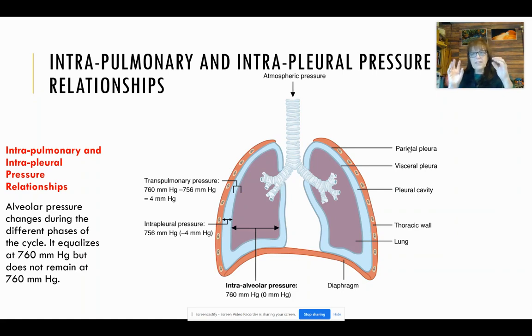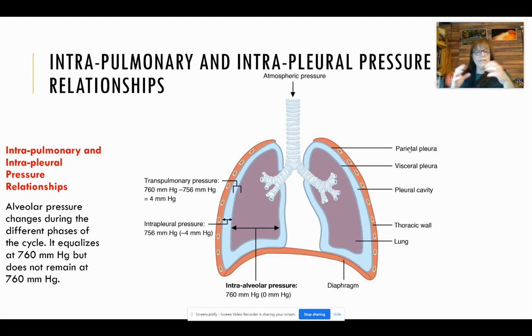So stop and think a second. A negative intrapleural pressure with positive atmospheric pressure is creating a gradient, correct? And that is what's going to allow us to inspire. So fluid levels are going to be carefully monitored. They're going to be drained or filled as needed by your lymphatic system.